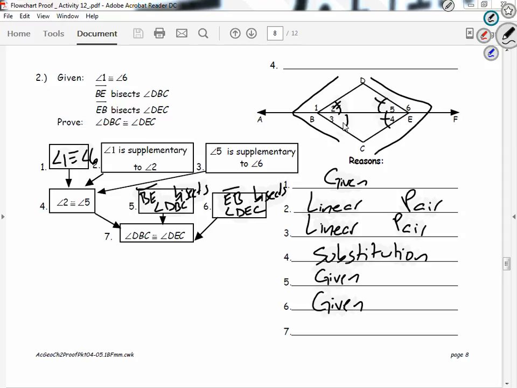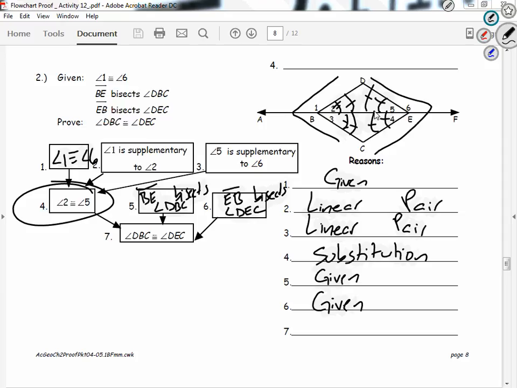I don't know if 2 and 3 are equal as 5 and 4, so for right now, let me mark them differently. But then, remember statement 4, angles 2 and 5 are equal? So all 4 angles are the same thing? Yeah.